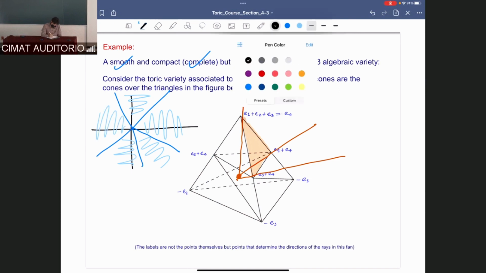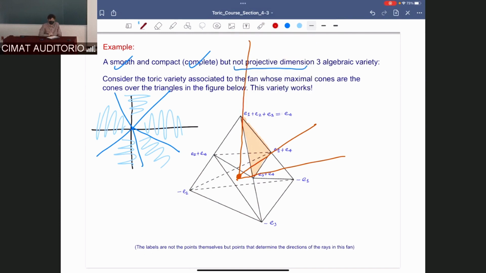So I can make this be the normal fan of something. I can just take a perp at any distance I like, a perp at any distance I like, and a perp at any distance I like, and take this as your P. That P has as normal fan the one that I started from, so it makes it projective.